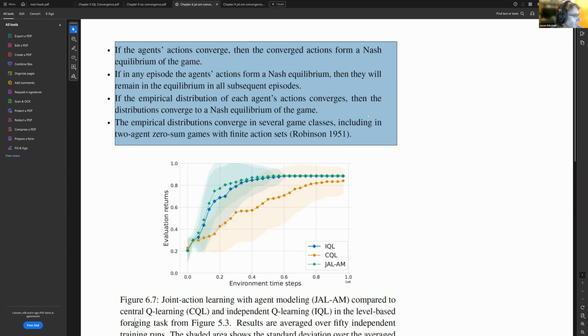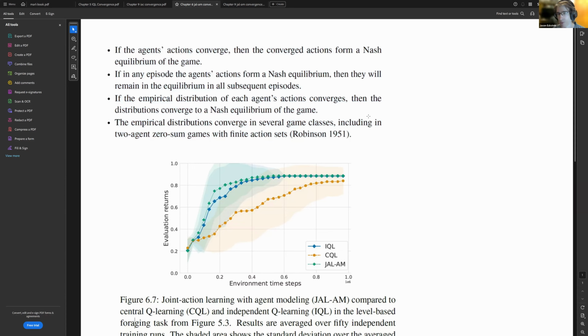So that's good. It doesn't mean it will converge, right? It just means that if it converges, it's converged to something good, or the equilibrium, if that's what you want to achieve.